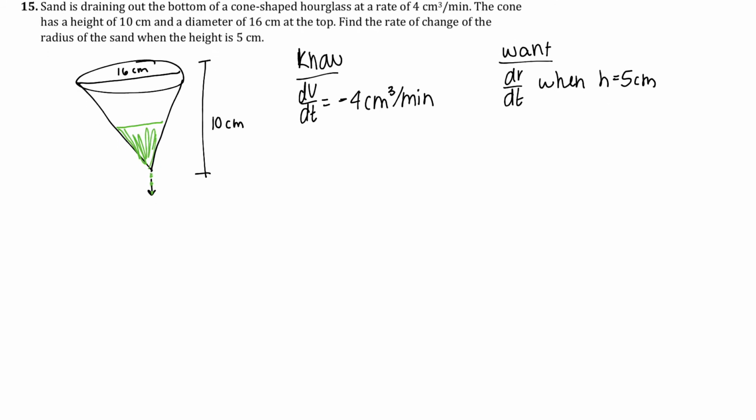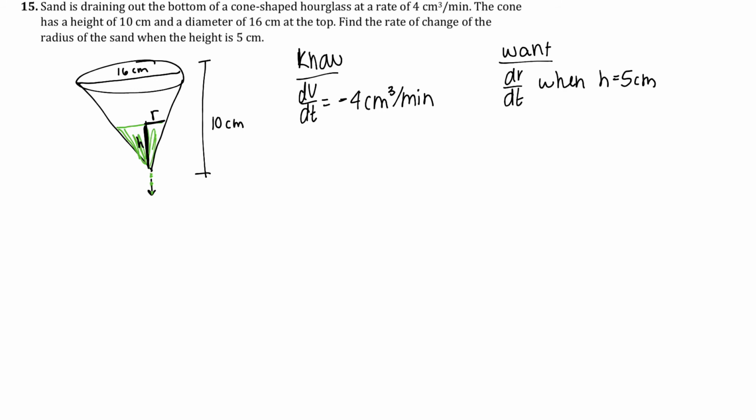So we need to kind of label some stuff on here. The height is going to be the height of the sand in here, and the radius is going to be the radius of that baby cone inside there where the sand is.